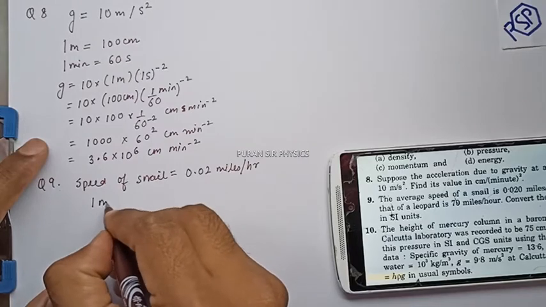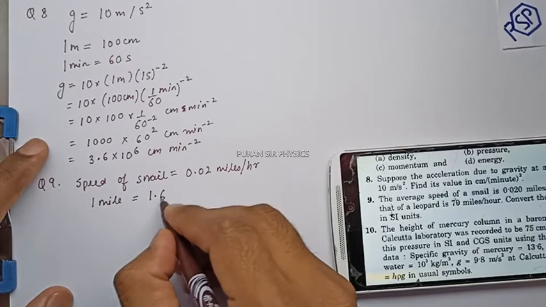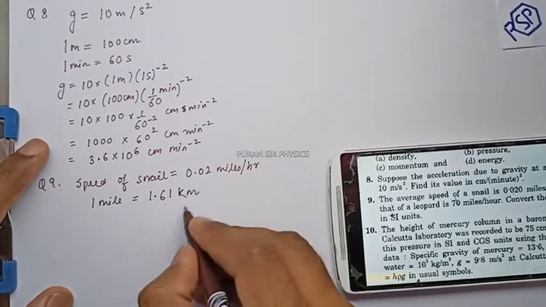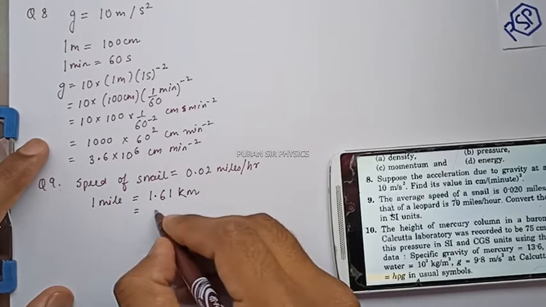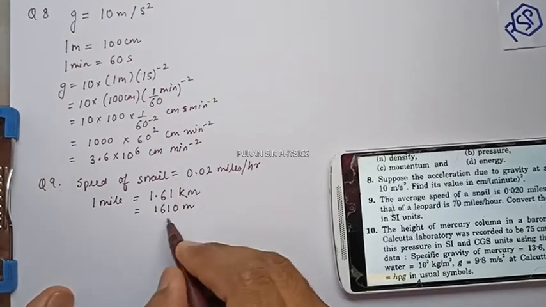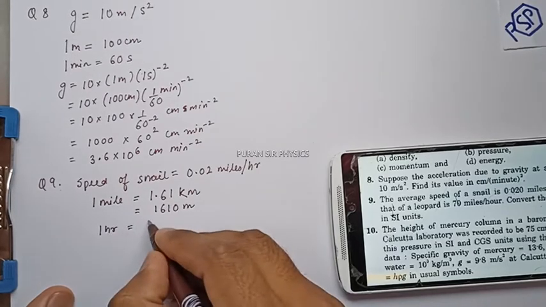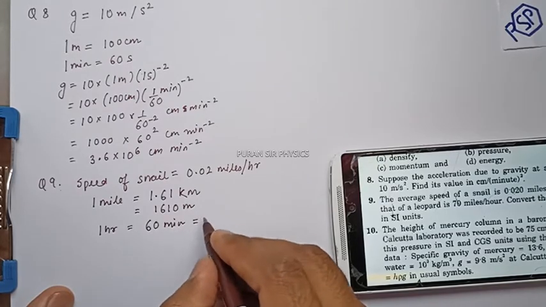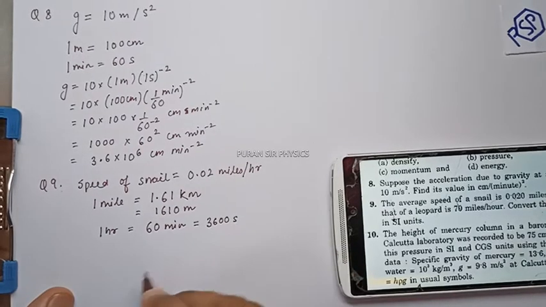We know that 1 mile is approximately 1.61 kilometers, and 1 kilometer is equal to 10 raised to power 3 meters. So it will become 1610 meters. So 1 mile is equal to that many meters, and 1 hour is equal to 60 minutes, and 1 minute is equal to 60 seconds. So it will be 3600 seconds.